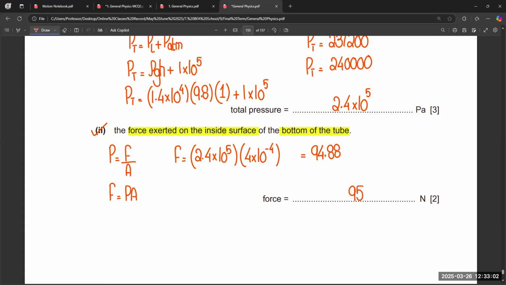So rounded off, 95 newtons is the final answer. Okay, so this is another question from the pressure topic.